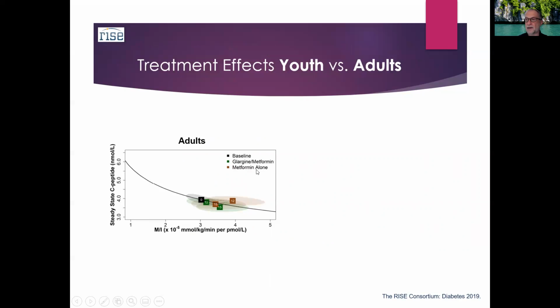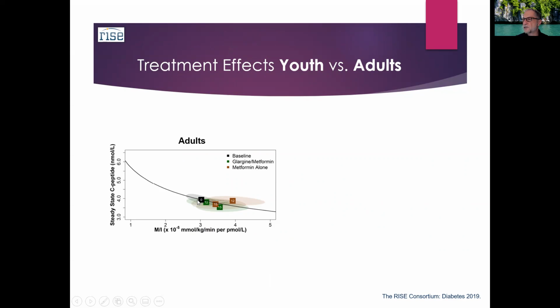This is now looking at the baseline point here, that's that yellow dot. Then looking at glargine followed by metformin or metformin alone for 12 months, following which the treatment was removed, and we looked again at 15 months to see if there was any persistent effect.